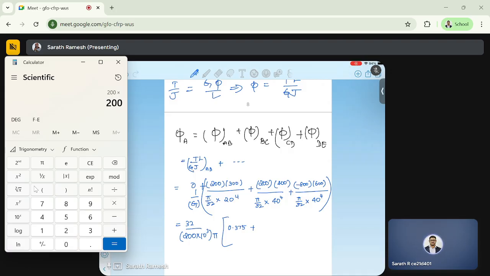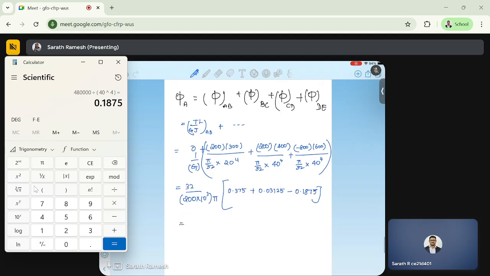Second, 200 into 400 divided by 40 power 4 gives 0.03125, minus 800 into 600 divided by 40 power 4, which is 0.1875.